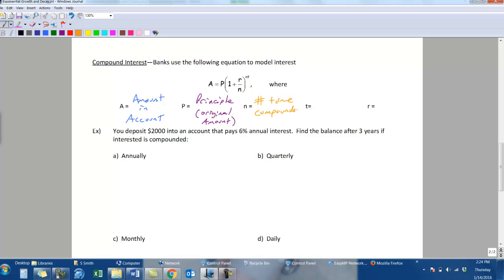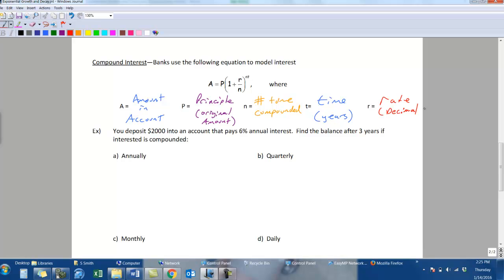Now, we'll talk about what that means here in just a minute, but it's how many times a year it's compounded. T, of course, is time. But for these problems, time is always measured in years. That's important. And then, of course, the rate. R is the rate, and that's still as a decimal.